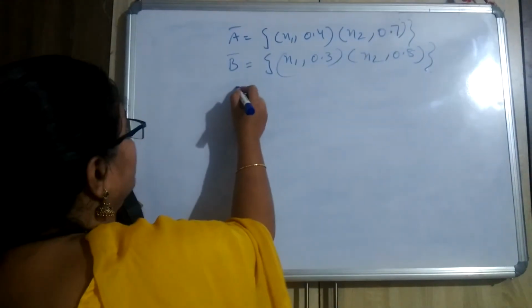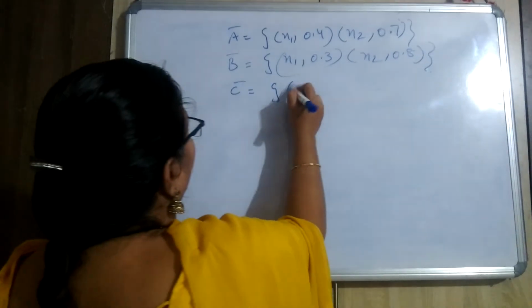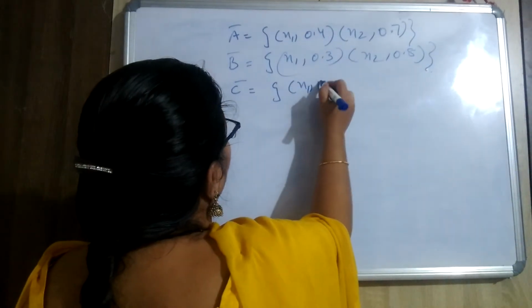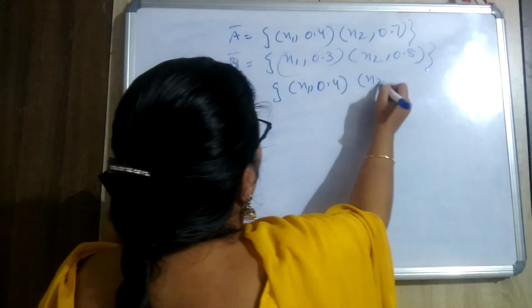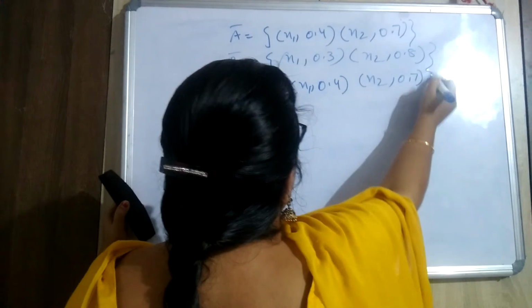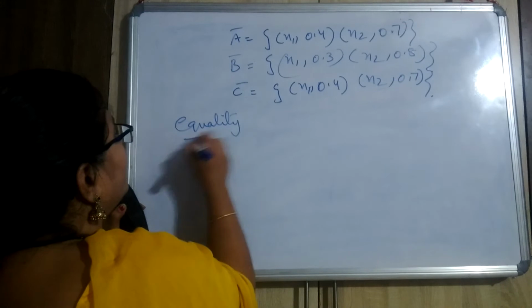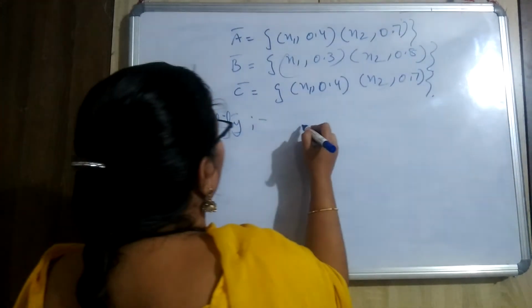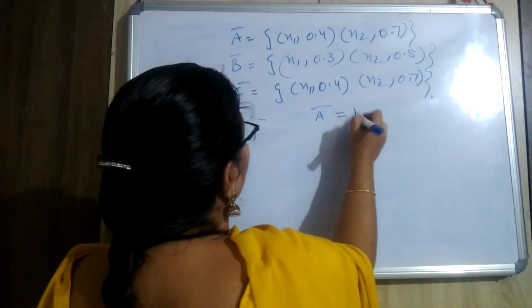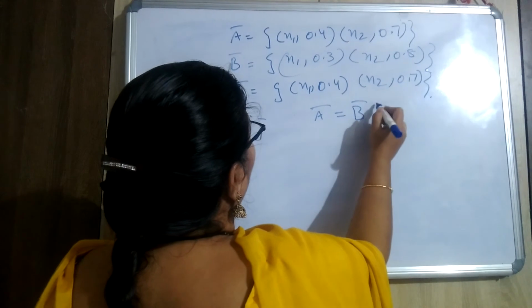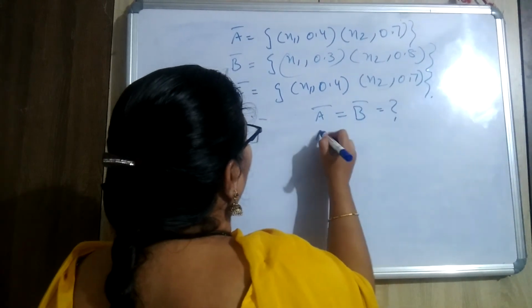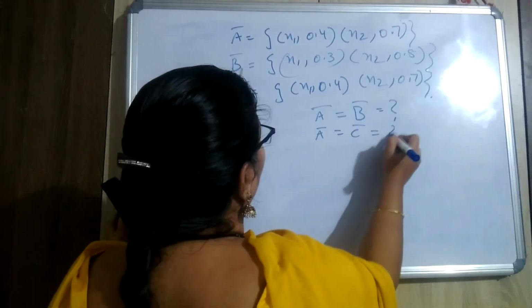And c bar is also given here, that is equal to x1 comma 0.4 and x2 comma 0.7. Now I am writing the equality operation. So what is the meaning of the equality operation? Whenever we say a bar is equal to b bar or not, or a bar is equal to c bar or not.